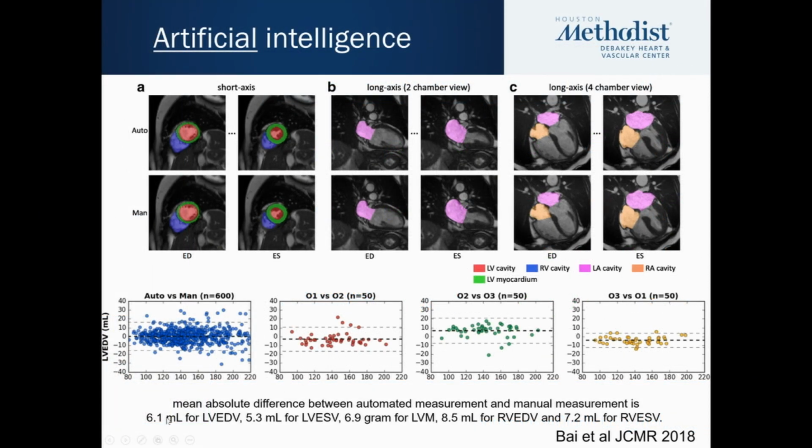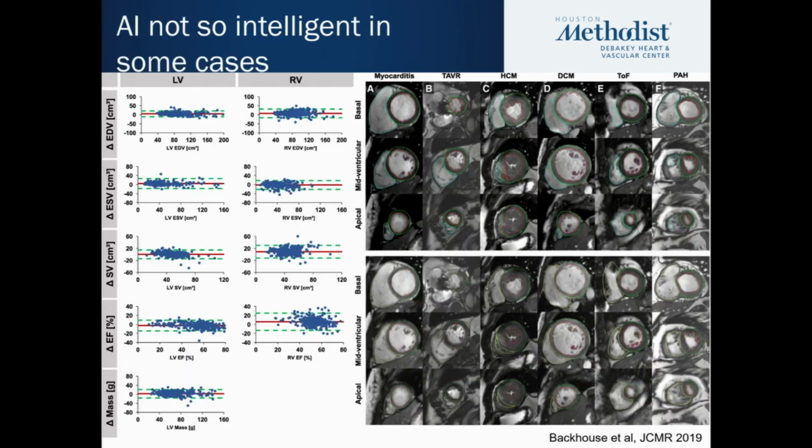You can see the numbers here are very minor differences between the machine and the observer. But having done some of them, at least on the software that's available to us, it really comes down to having very good image quality, and very often it's very good in normal hearts, but not necessarily in abnormal hearts. So let's look at this study.